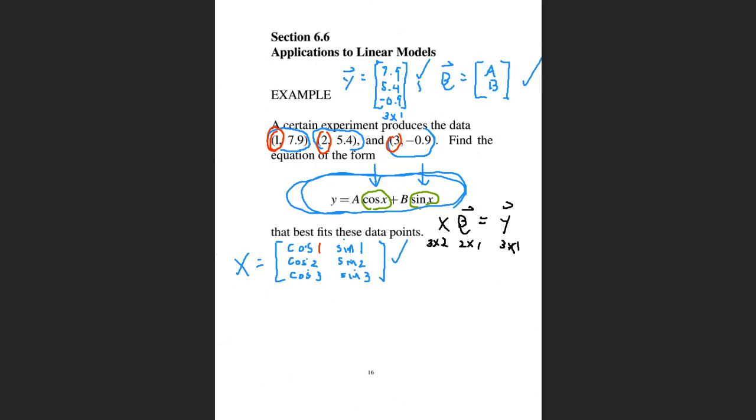And on the next page, I've rewritten that. So here it is at the top in our solution. And we find the least squares solution using our beta hat formula.